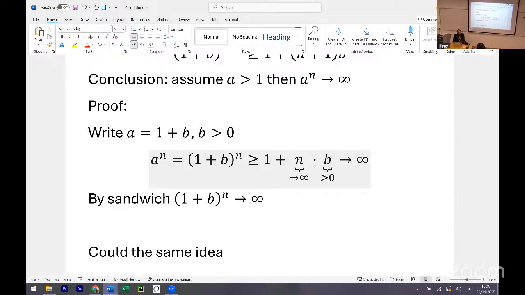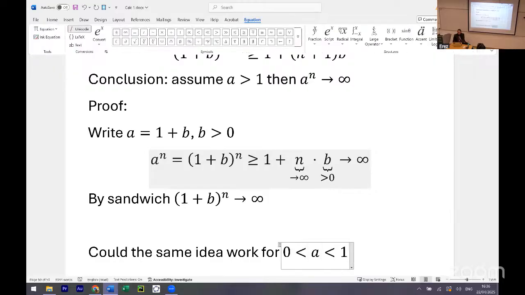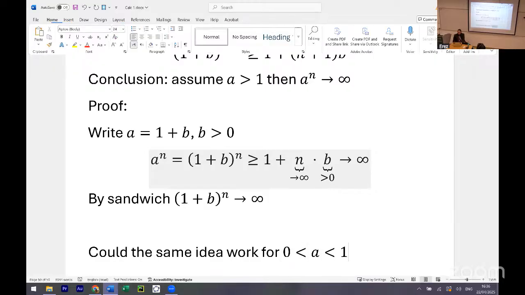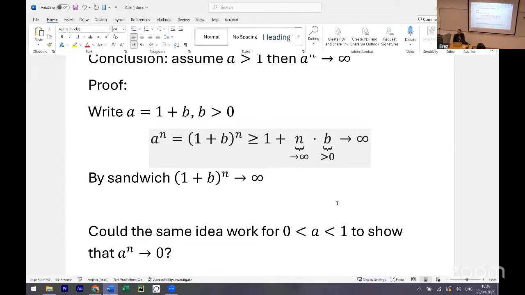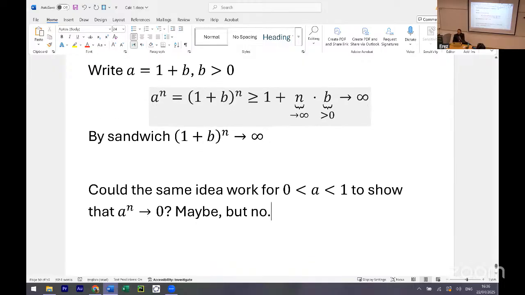Now, could the same idea work for a between 0 and 1 to show that a to the n goes to 0? So maybe, but no. And I'll show you why.